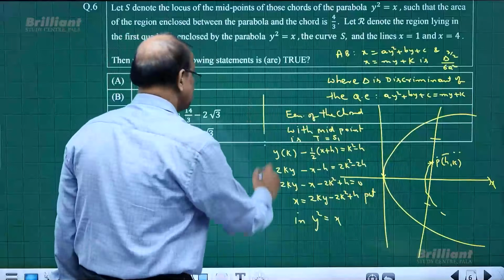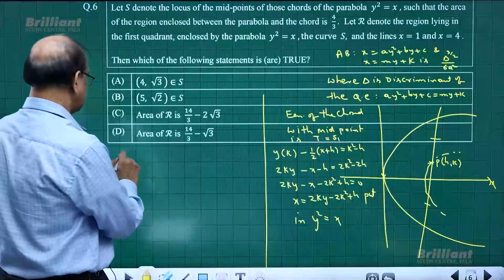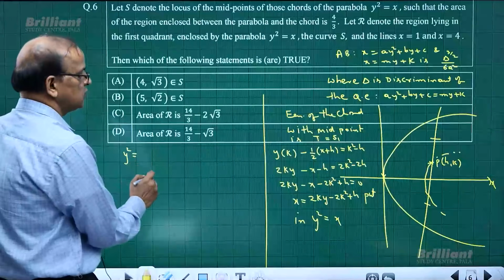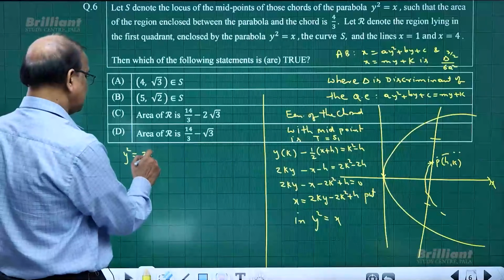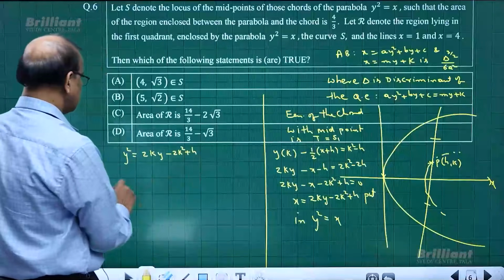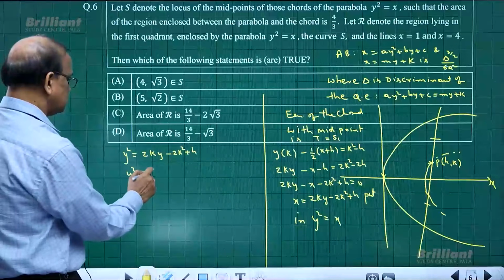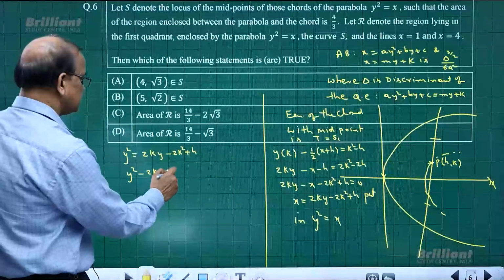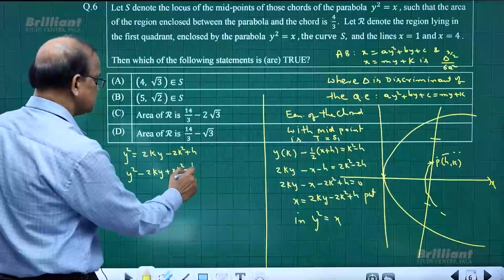So you will get y square is equal to x, which is 2ky minus 2k square plus h. So y square minus 2ky plus 2k square minus h equals 0.